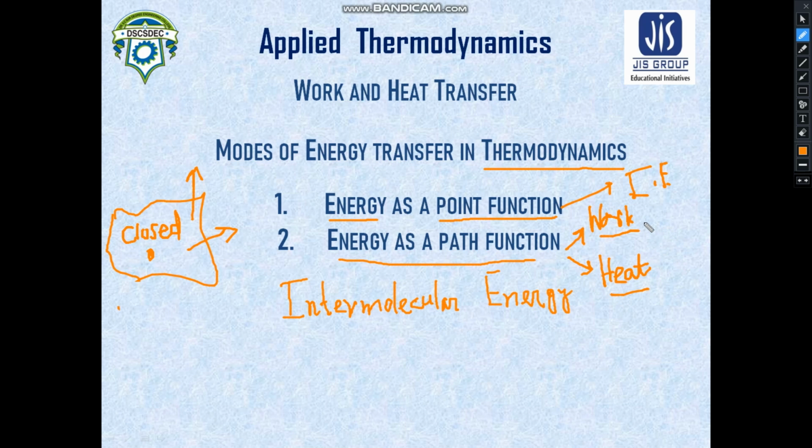And work transfer can be categorized in numerous ways, like mechanical work transfer, electrical work transfer, magnetic work. There are numerous kinds of work transfer available, but broadly they are categorized into work and heat. So these are the two distinct natures of energies in thermodynamics, that is my point.